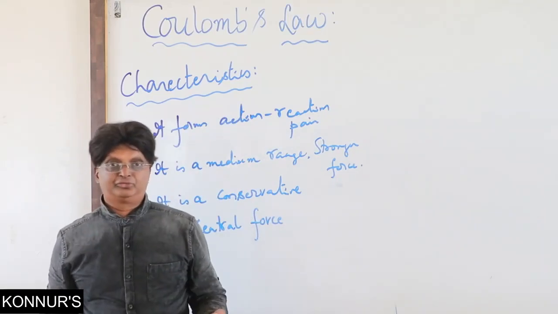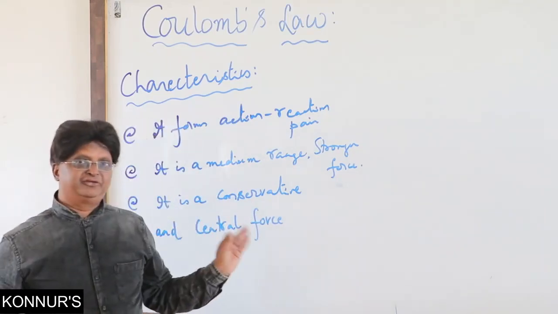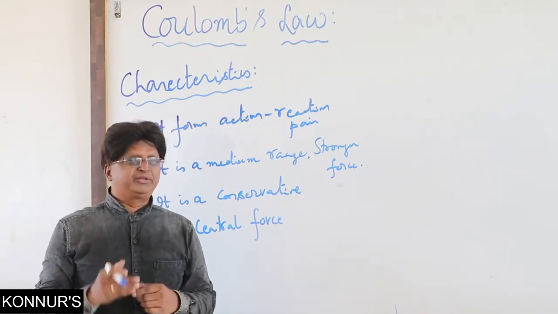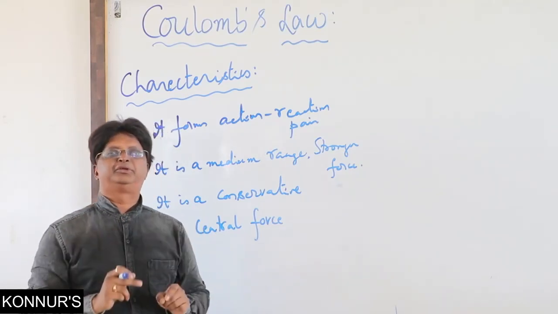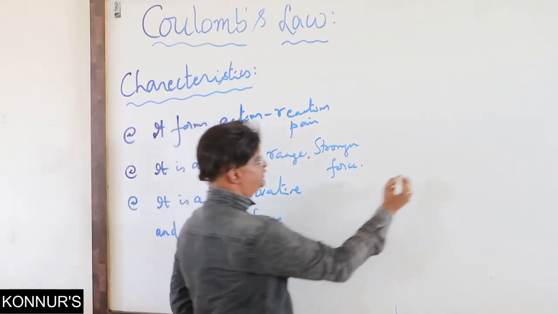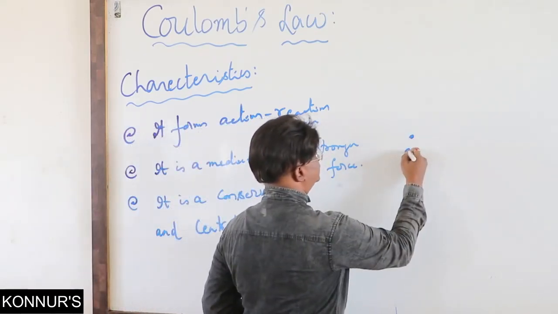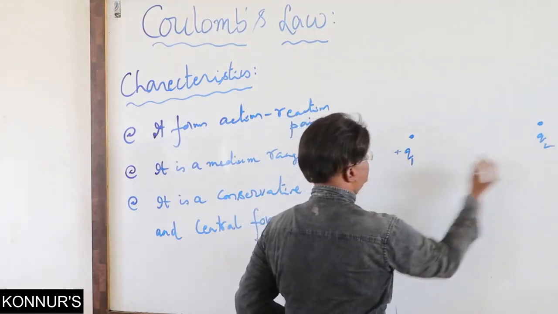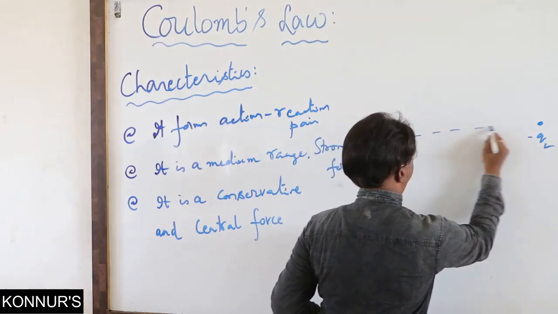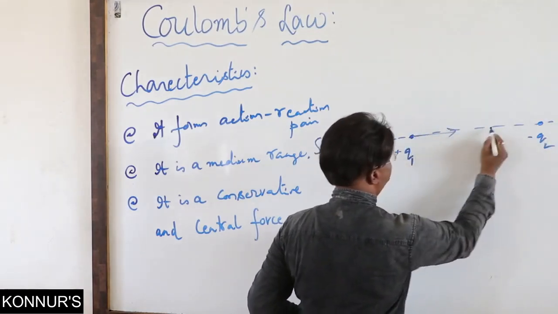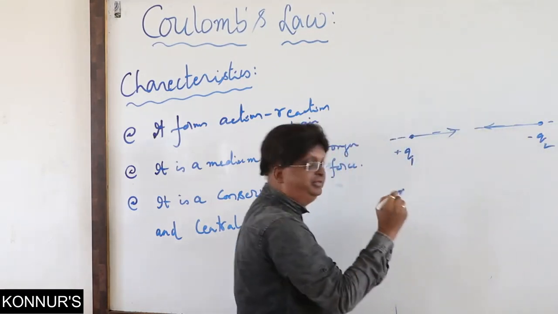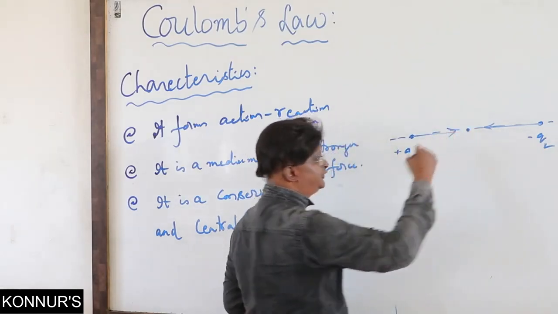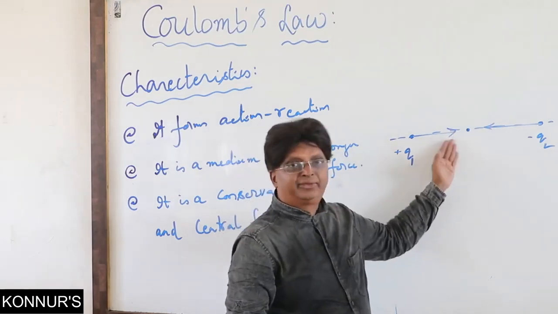Now here we have already seen F proportional to 1 by r squared, the dependence on distance. And what is the meaning of always acting towards a fixed point? Supposing I consider two charges Q1 and Q2, positive and negative, and this is the line joining the two charges. This is how we draw the vectors F12 bar and F21 bar, and both are acting towards this center.